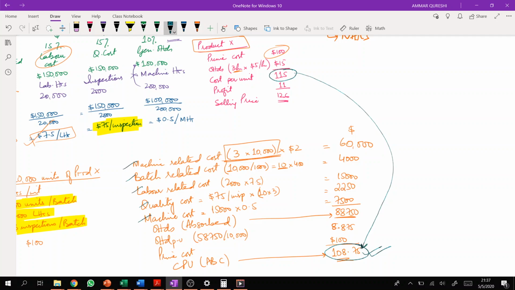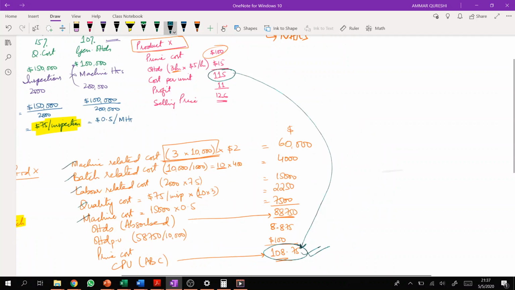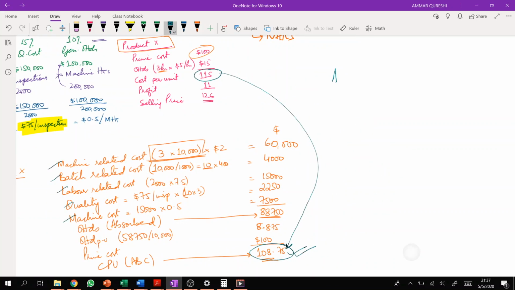See, the first benefit we have already discussed. In ABC, distribution of cost is done in a more appropriate manner, or you can write the word accurate. Accurate distribution of overheads.